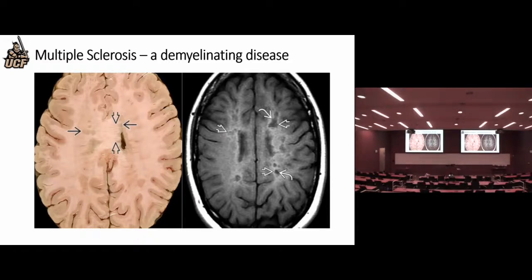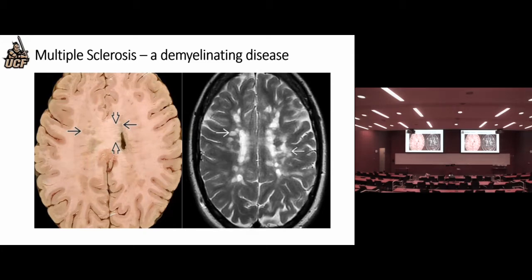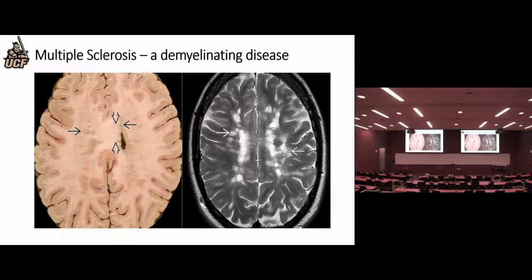Here's something that shows damage on the path slide and damage on what looks like the same section on an MRI. And then when we do the T2, we see things as brighter. Let's go back, but you can still see pretty much everything.